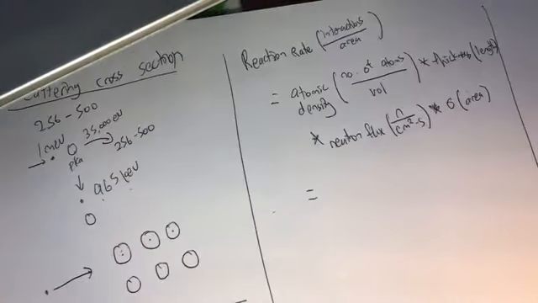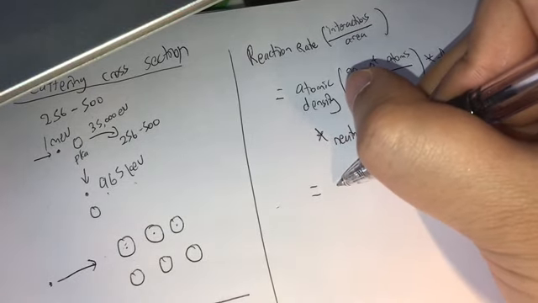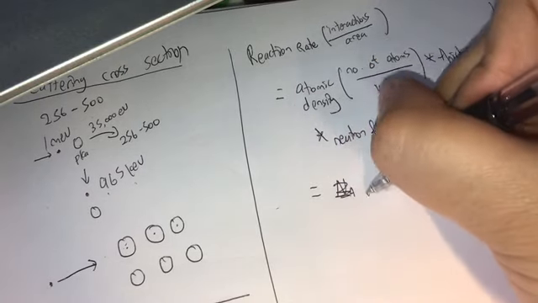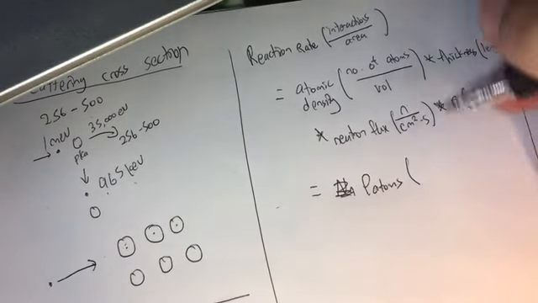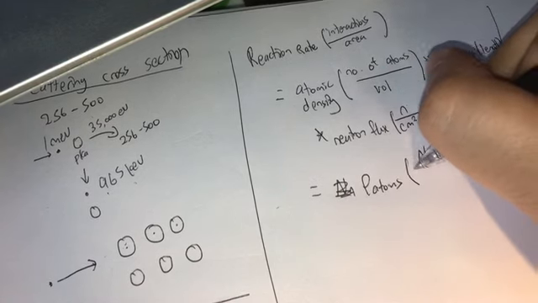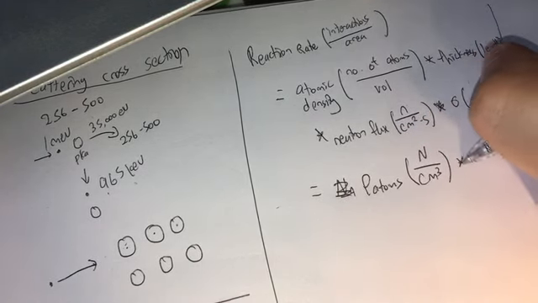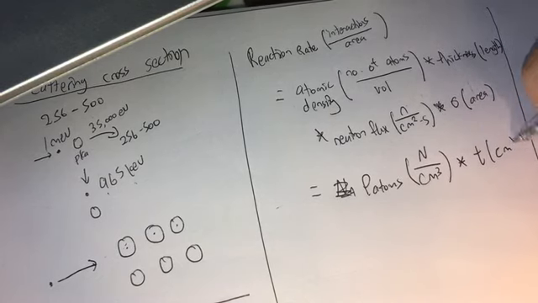So let's make it more consistent. The atomic density, let's just call it Na, or rho of atoms. So we have number of atoms over a cm cube, for example. The thickness, we can just call that T in cm.